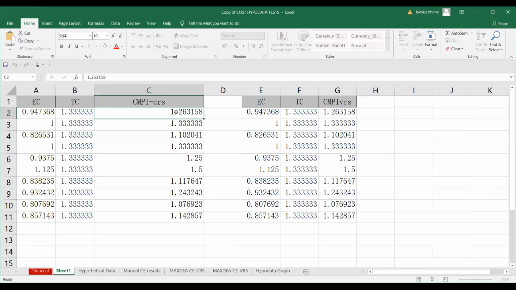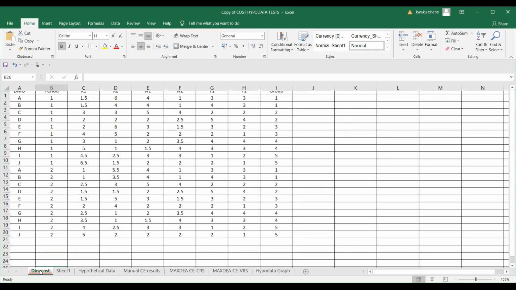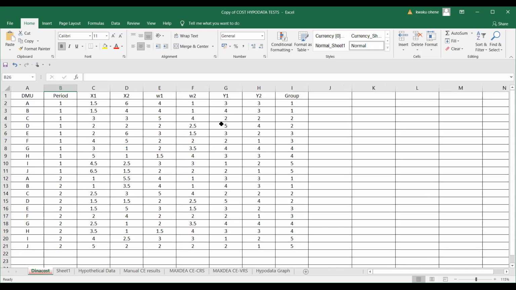If you look at it, everything is the same: 1.26, 1.26, 1.33, 1.33, all through. So the possibility is that the data are all similar. Now look at the data. This is the data you gave me. And almost everything is single digit.